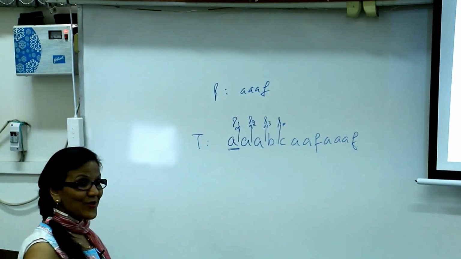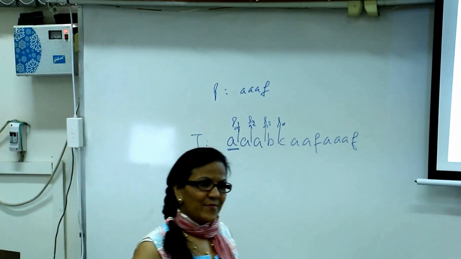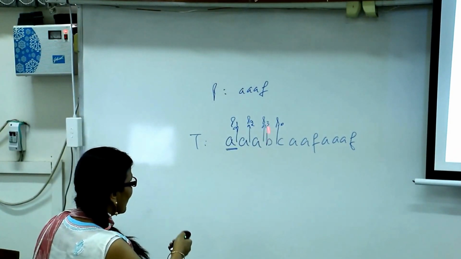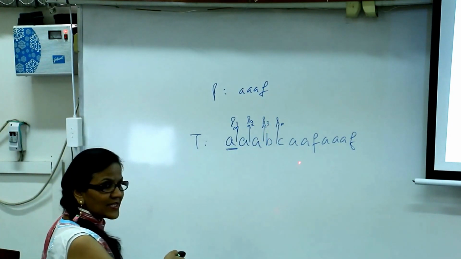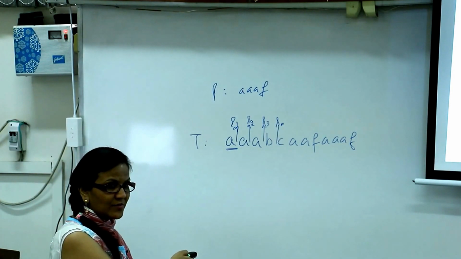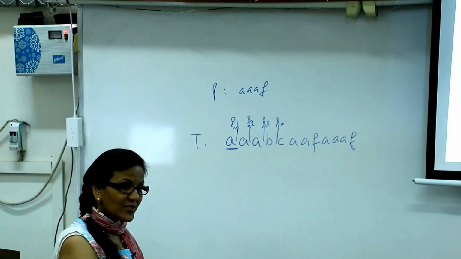Correct. She says that we are not only looking for failure. If we were looking for failure and on encountering a failure I slid my pattern P over that text T, then it is nothing but the naive algorithm. But we are not doing that. The naive algorithm was different.